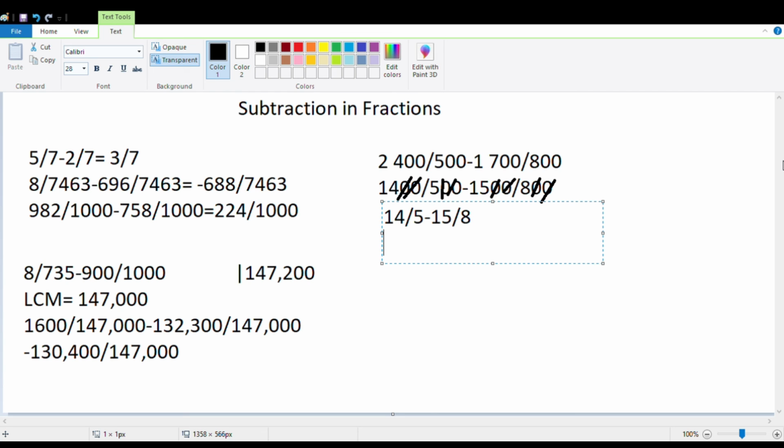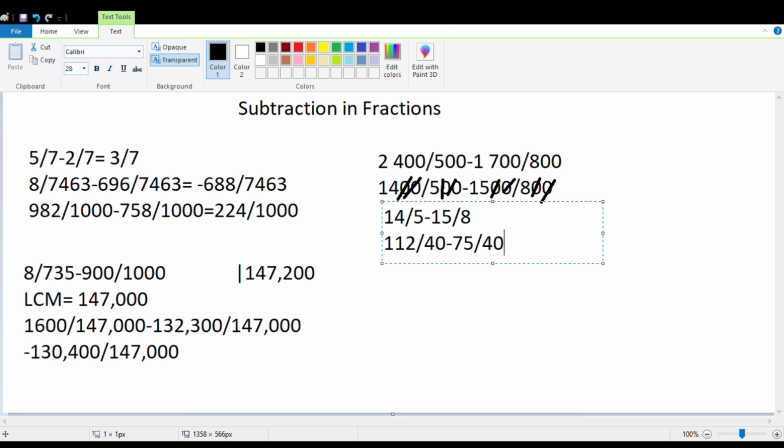So it will become 14 into 8. What is it? It's 112 by 40. Now how much times 8 becomes 40? It's 5. So that means 15 into 5, which is 75 by 40.